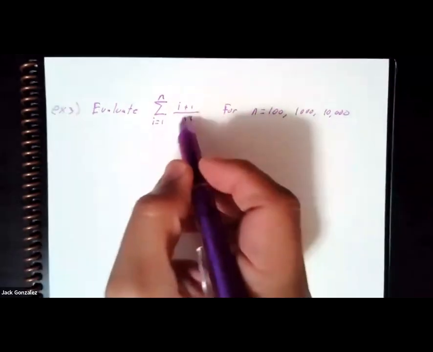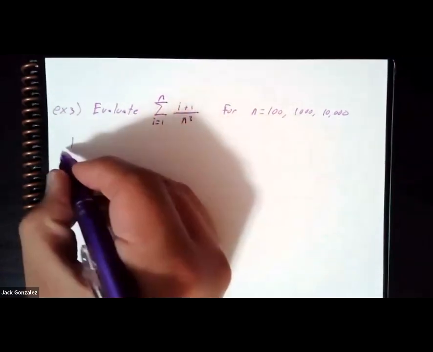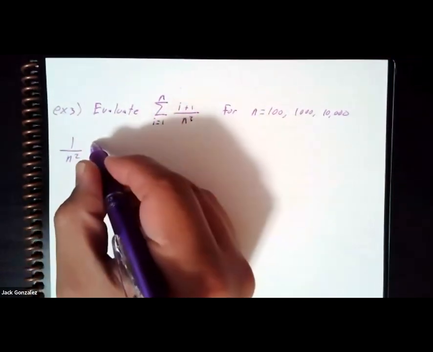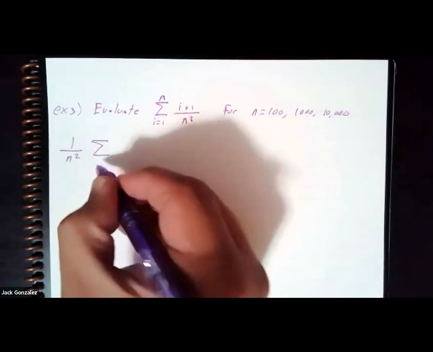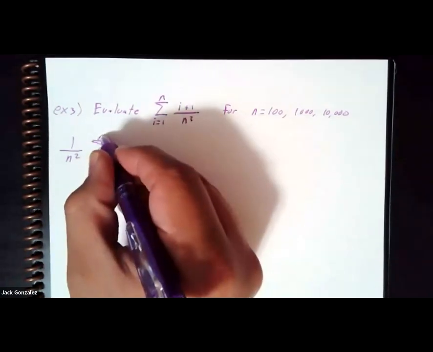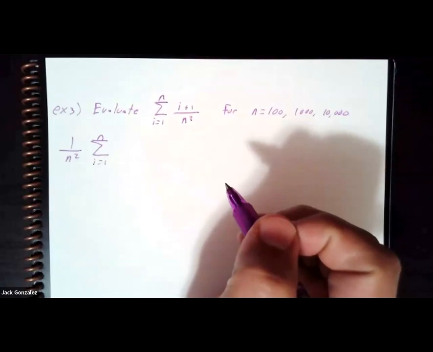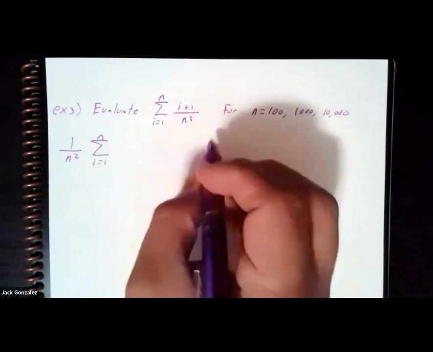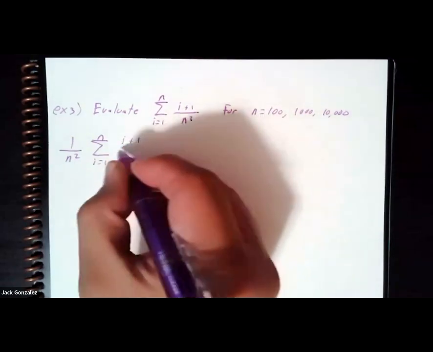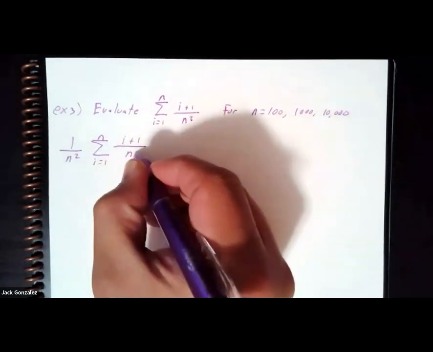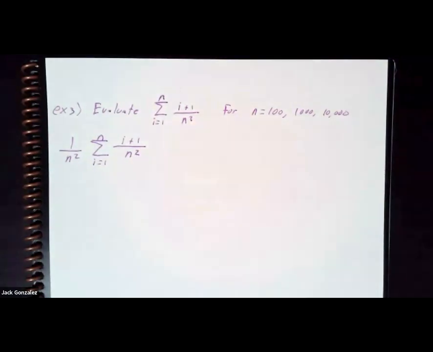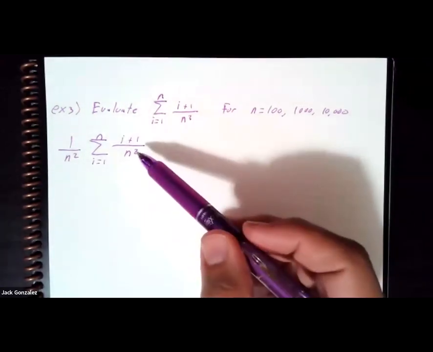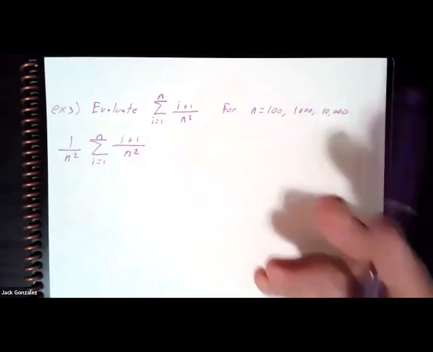Okay, so you can pull out constants. So I'm going to pull out this 1 over n squared here. Next thing I'm going to do is separate this, oh, I'm sorry, I already removed the n squared.